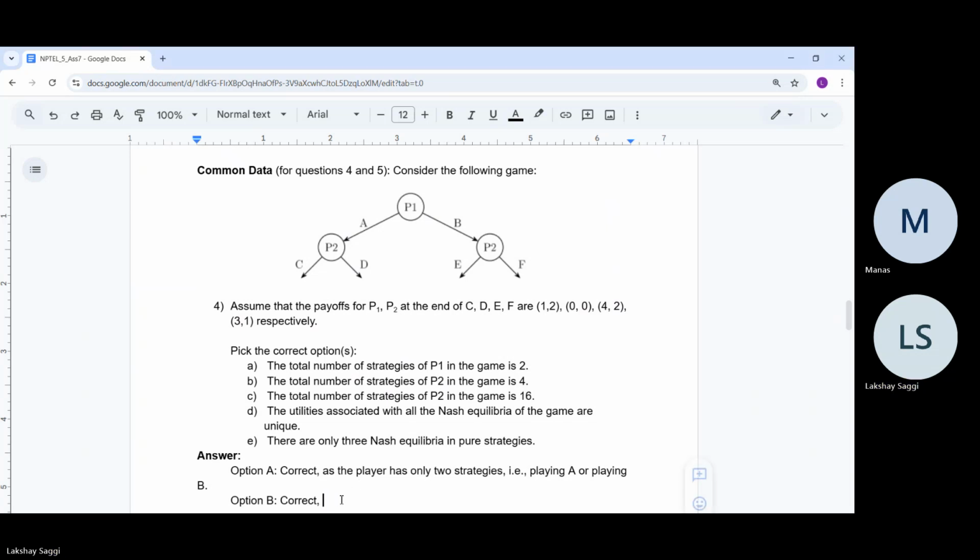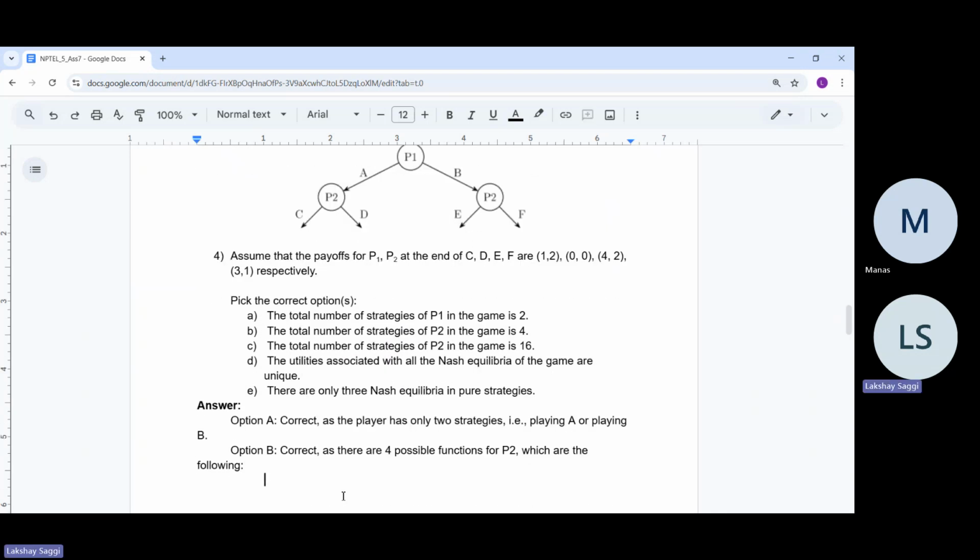So as there are four possible functions for player two, mapping to, yeah, four possible functions for P2, which are the following.